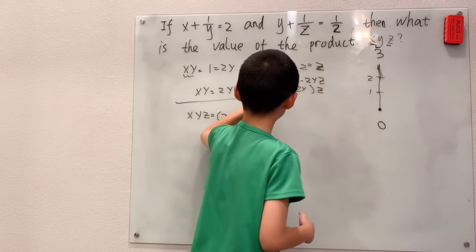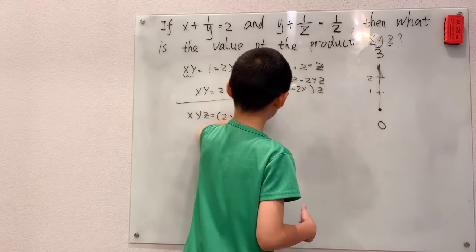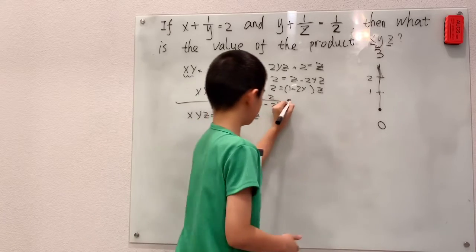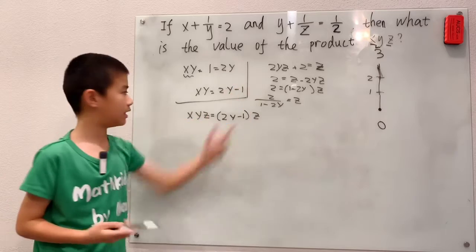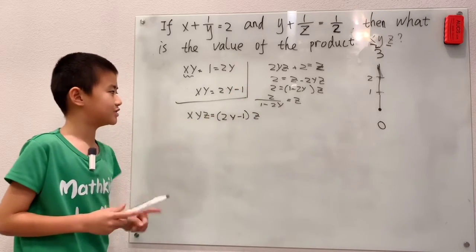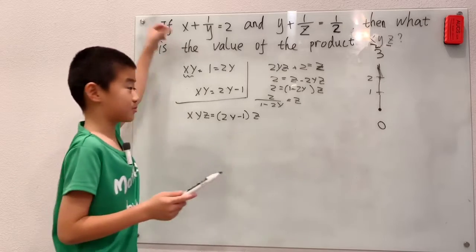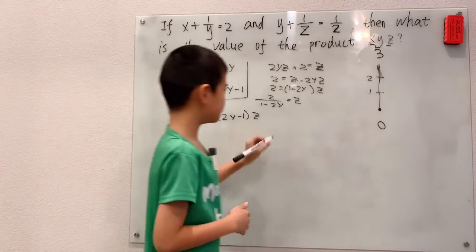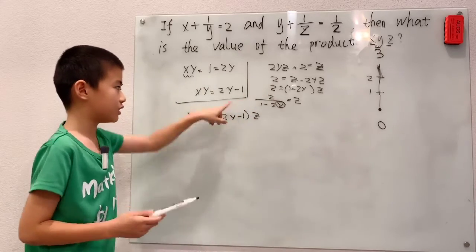And we can divide by 1 minus 2y. And there we go. We can just say z is 2 over 1 minus 2y. And I think we probably got lucky here. In fact, this is probably what the problem was designed to do. The variable we have is y, and we already have a y here.